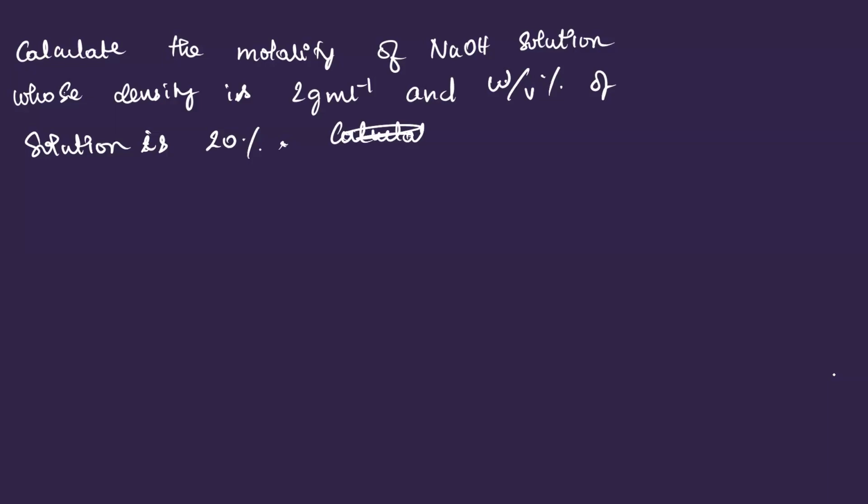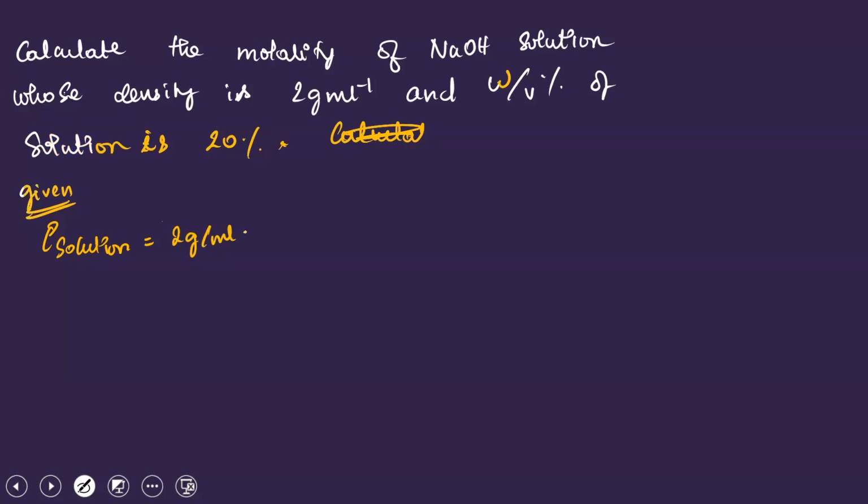Okay, fine. Now listen. First, what do we write? We write the given data, right? What are the given data here? Density of what have they given here? Density of solution. What is the density? 2 gram per ml.